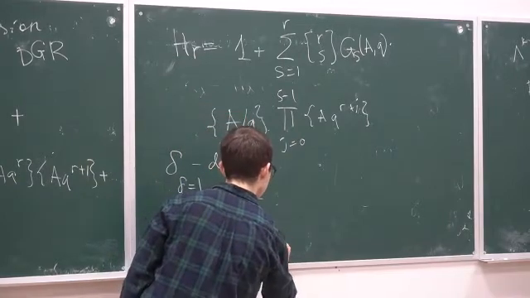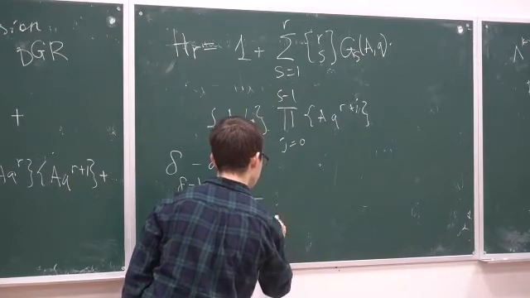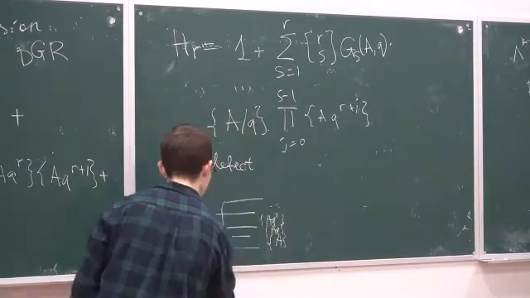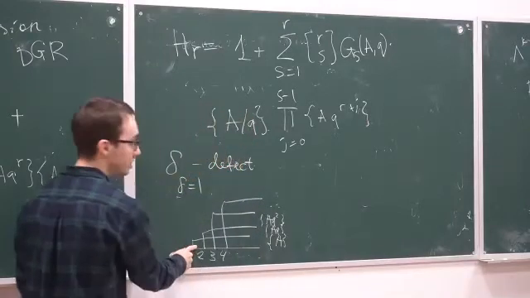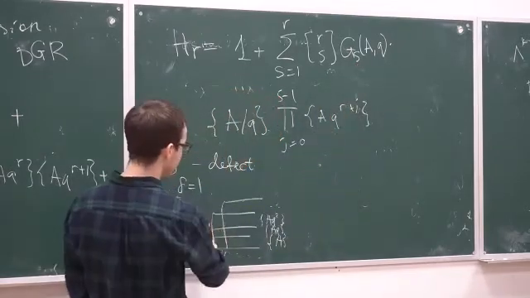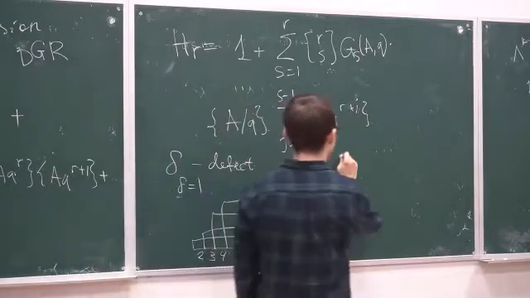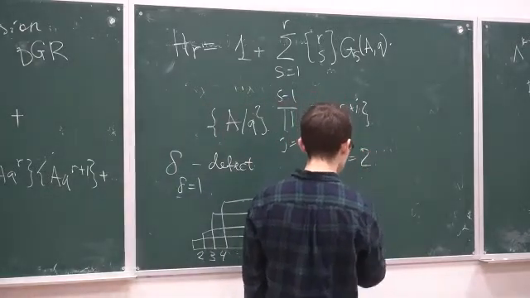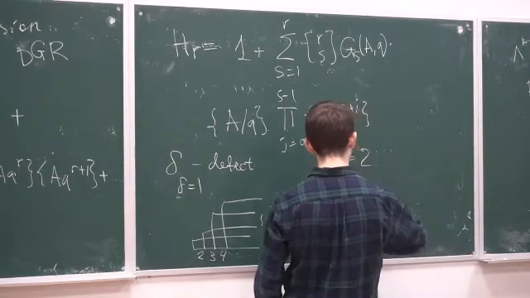So this is aq, aq squared, and so on. And here we have 2, 3, 4, and so on. So each new s, if we increase s by 1, we get one more factor, if delta is equal to 1. If delta, for example, is equal to 2, then we have one new factor for each 2.